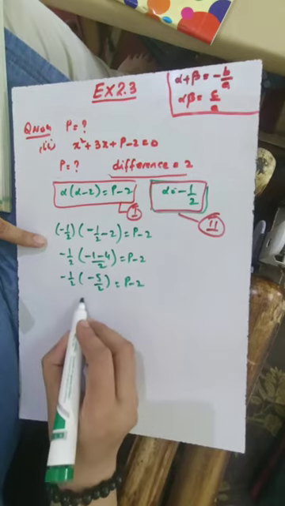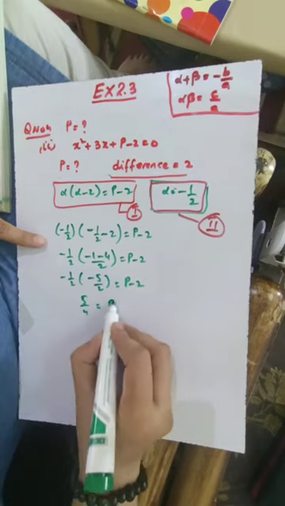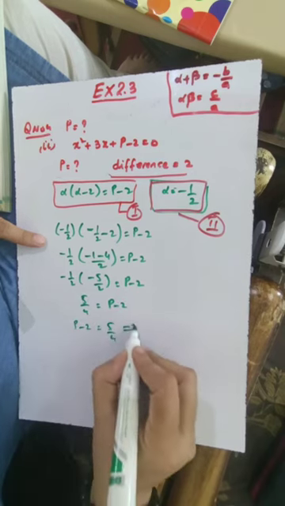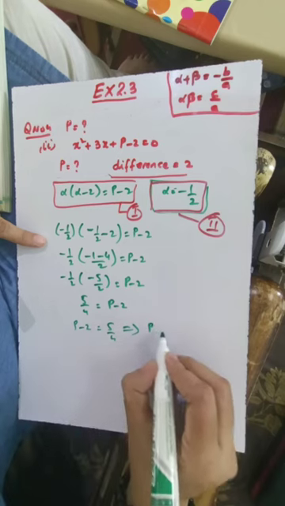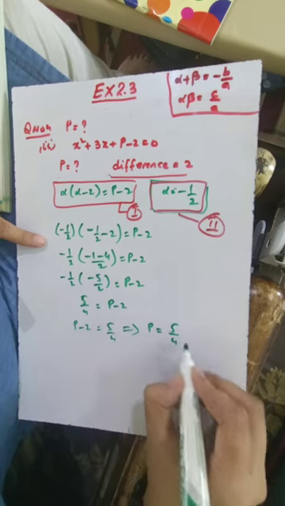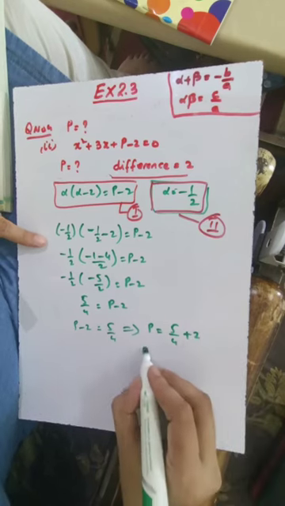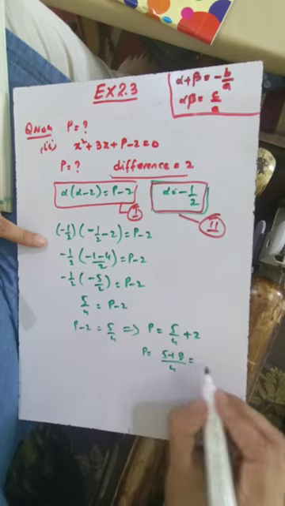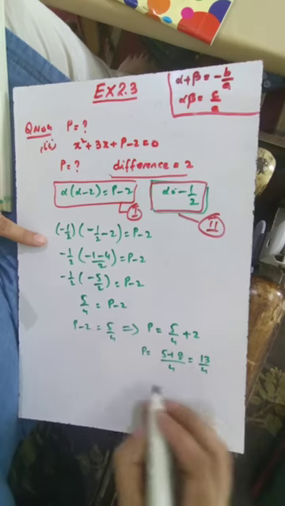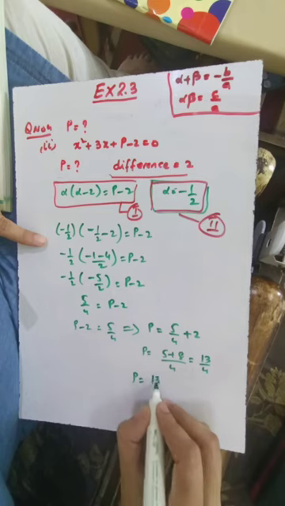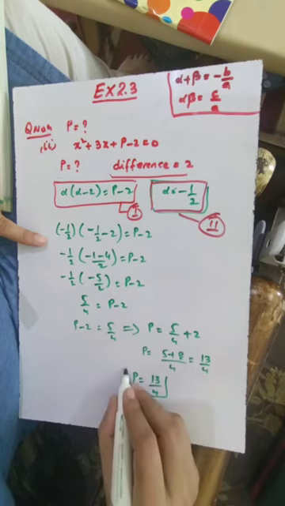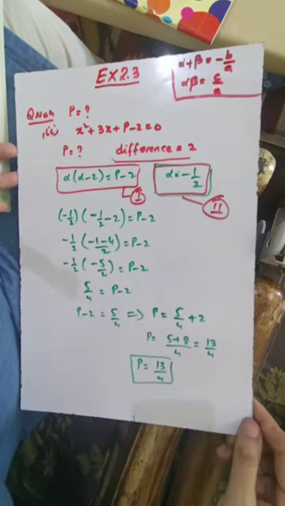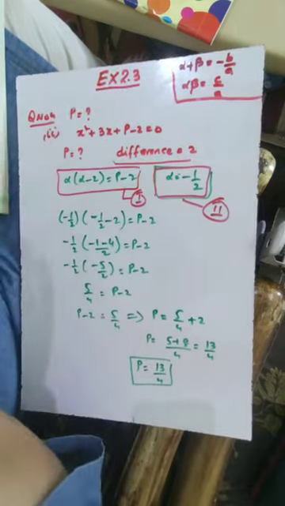Multiplying these two, minus times minus is plus, this will be 5 over 4 is equal to p minus 2. Shifting 2 to the right hand side, p is equal to 5 by 4 plus 2, so p will be 5 plus 8 by 4, and this is 13 by 4, which is the value of p we required. So this is how you solve this question by just using these two relations.